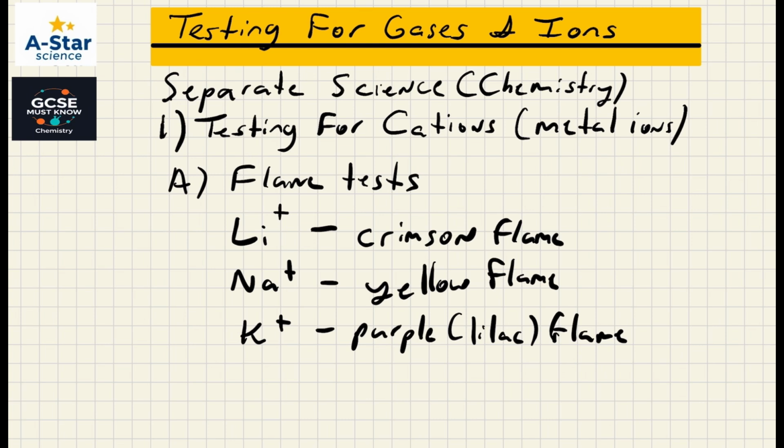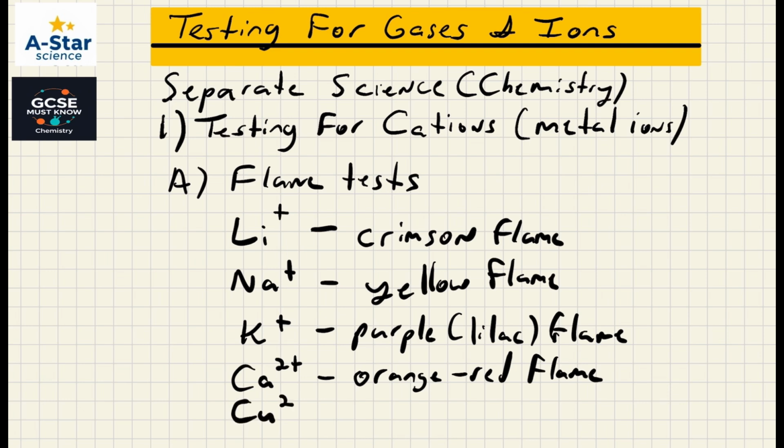Calcium, which is a 2+ ion, that gives more of an orange-red color. So that also can be a bit hard to distinguish from just a normal flame. But one of the clearest ones is the copper, which gives a nice green color, a green flame. And so that's quite easy to distinguish between them.